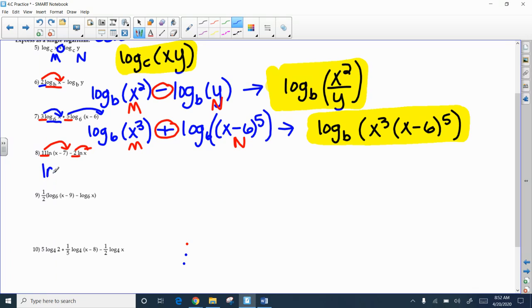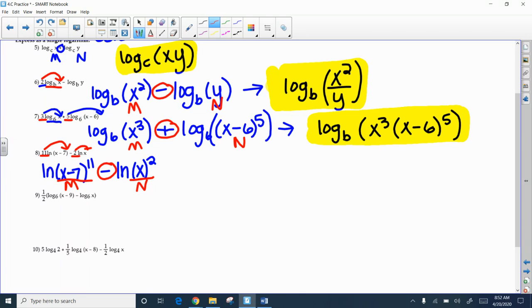So then we would have natural log of x minus 7 to the 11th power minus natural log of x to the 2nd power. Now I can combine these into one logarithm. This has a minus in between, so this is in the form log base b of m minus log base b of n. So this expression is m and this expression is n.